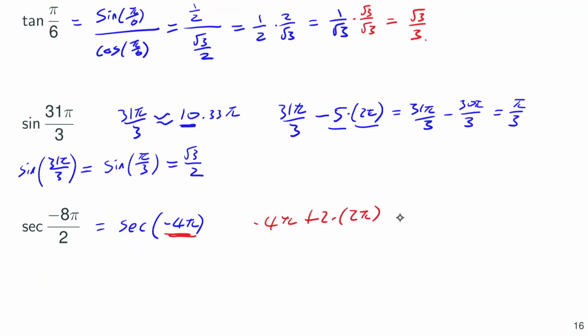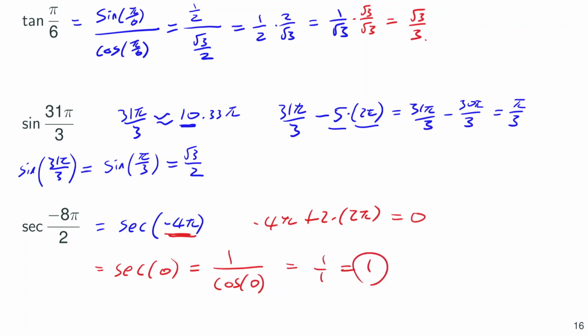Let's add full rotations. We'll get 0. So negative 4 pi is equivalent to 0 radians. So this is the same thing as secant of 0 radians. And secant is 1 over cosine, so we need to find 1 over cosine of 0. And cosine of 0 is 1. So we have 1 over 1, which is 1. So secant of negative 8 pi over 2 equals 1.